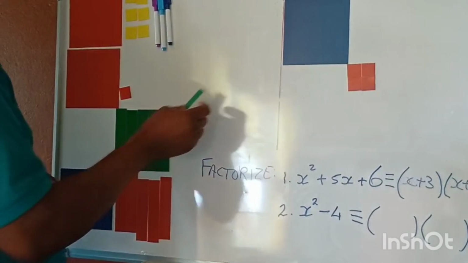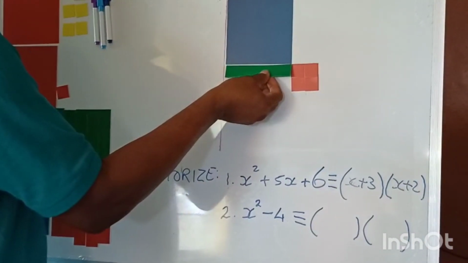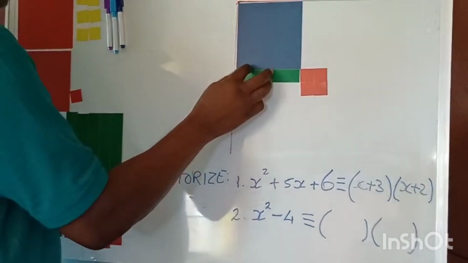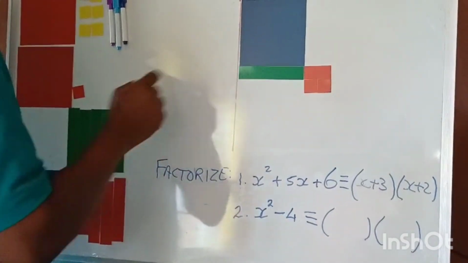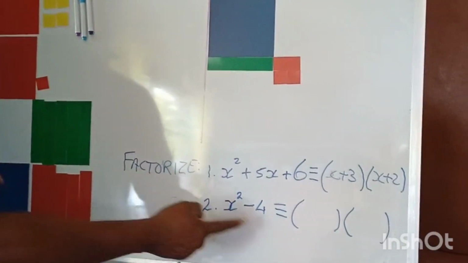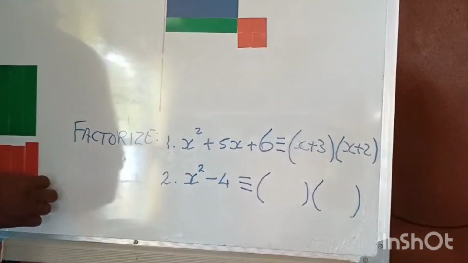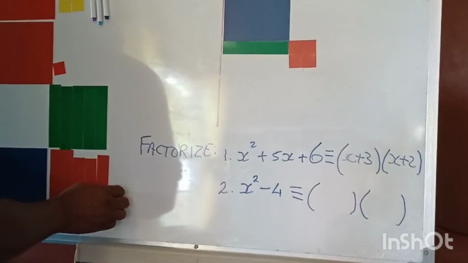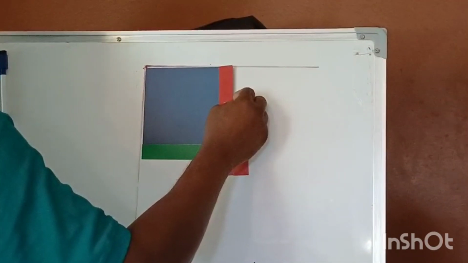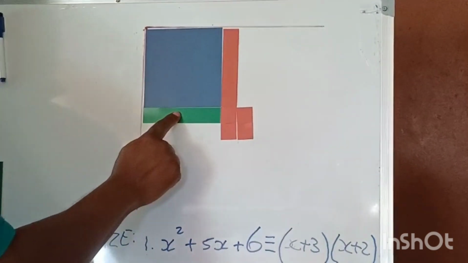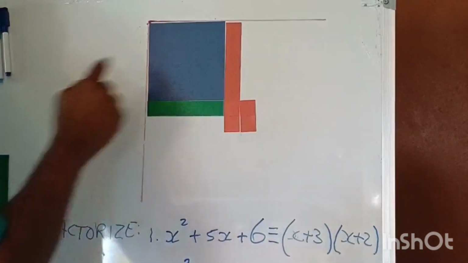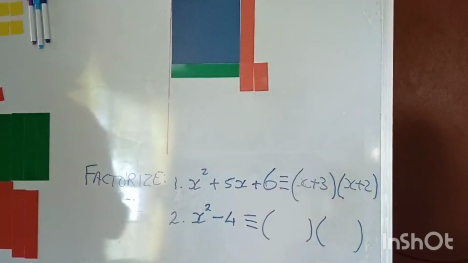To do this, I can put an x tile here. But if I leave an x tile here, then that changes the meaning of this. So I must also subtract the x. This is equivalent to saying x minus x, and x minus x is 0.